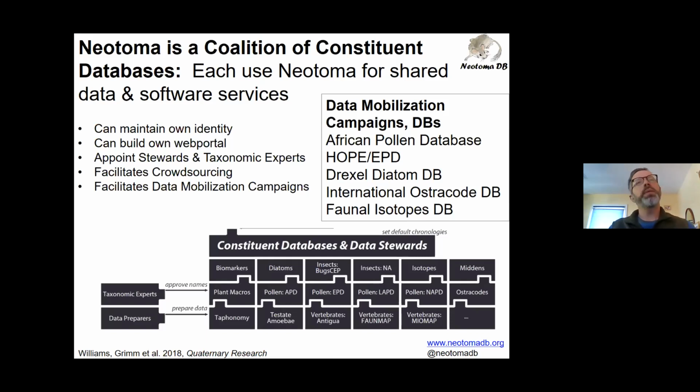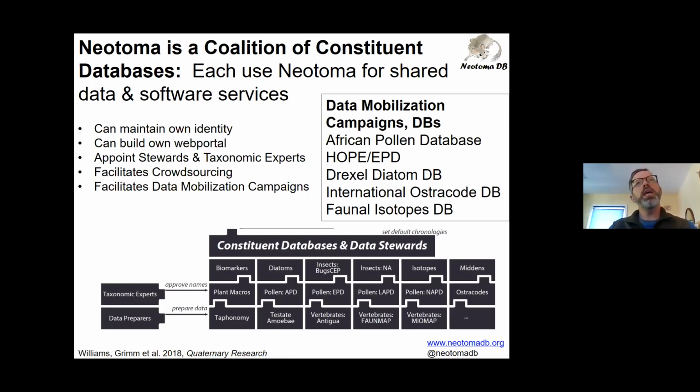These efforts can be traced back at least to the mid-1990s and arguably earlier, as people went from building their own sites to recognizing they wanted to do larger-scale syntheses, to gathering communities together to work on this problem together. There's been a long-standing tradition in paleoecology of building these multi-site data resources. And so I really see Neotoma as a natural evolution in this process that builds upon these prior efforts.